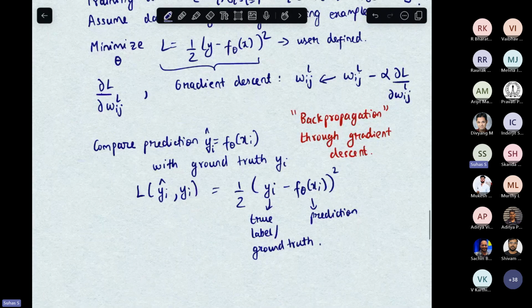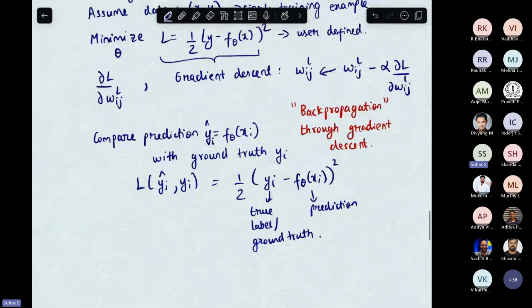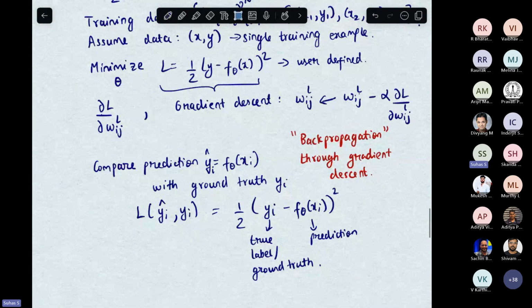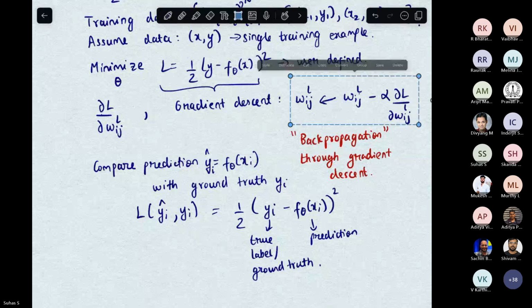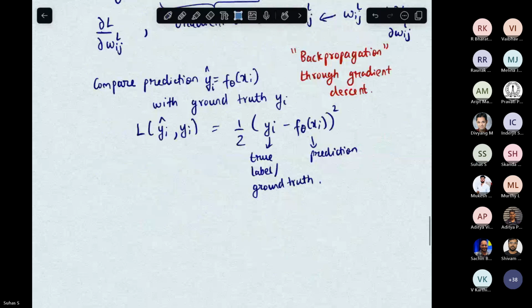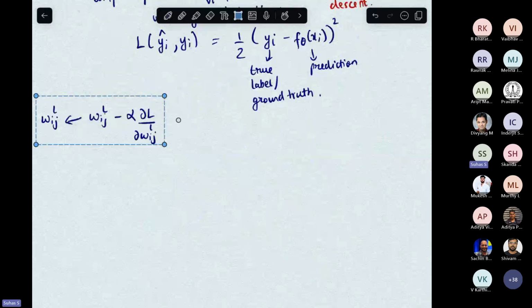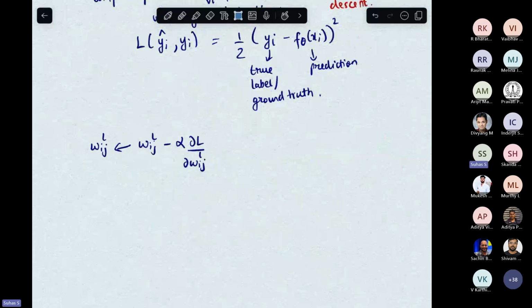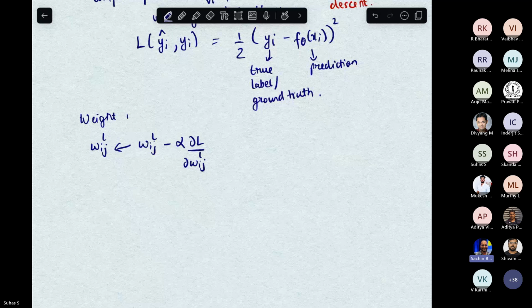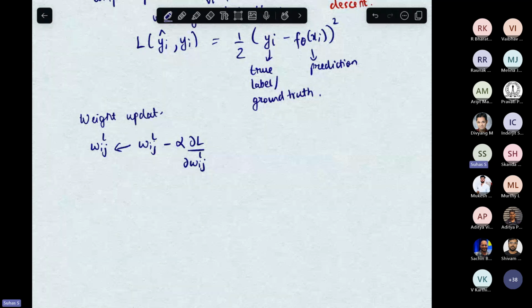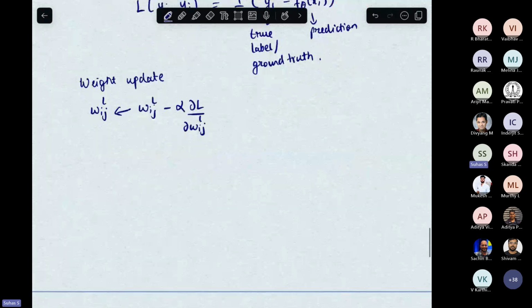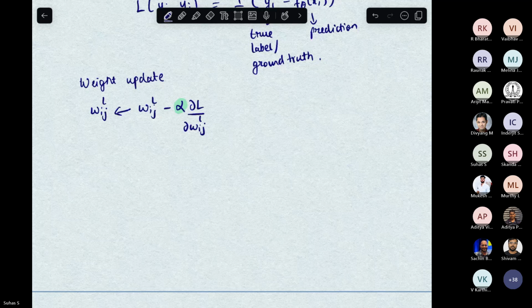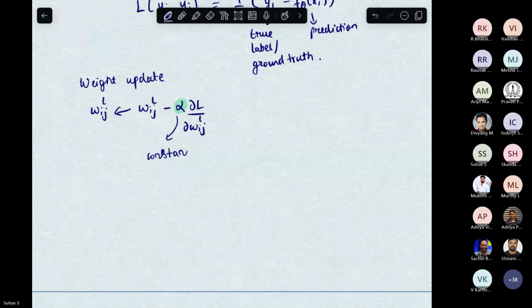Let's go ahead. So this was our back propagation equation. This alpha over here is a constant known as the learning rate.